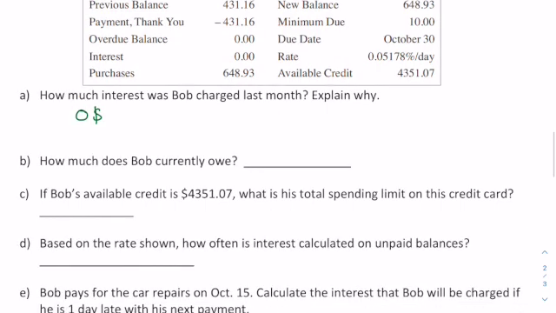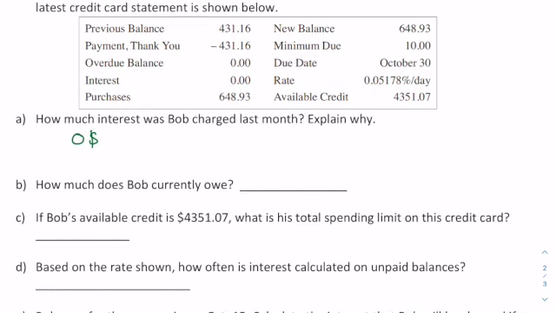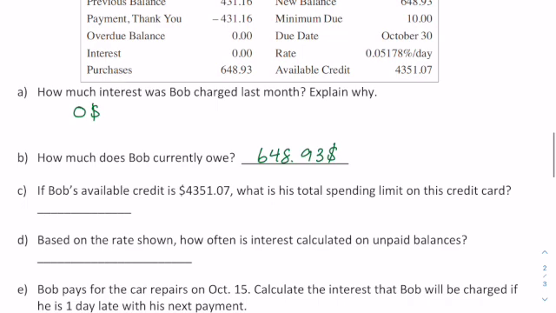Now, how much does Bob currently owe? Oh, so currently owing is here. So he currently owes $648.93. If his available credit, so down here is available credit, is 4,351.07, what is his total spending limit?